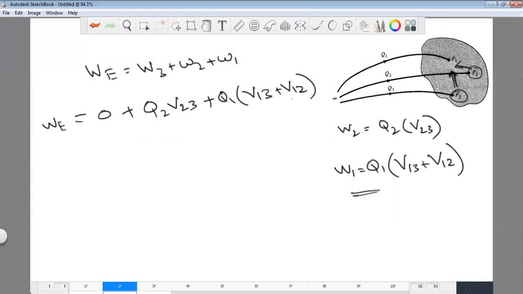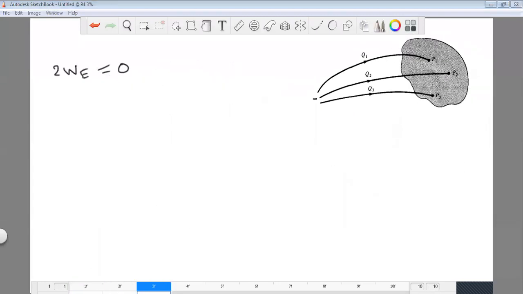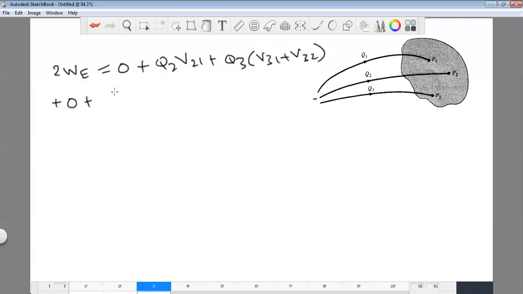So we can add them: 0 plus Q2 V21 plus Q3 V31 plus V32, and again plus 0 plus Q2 V23 plus Q1 V13 plus V12.